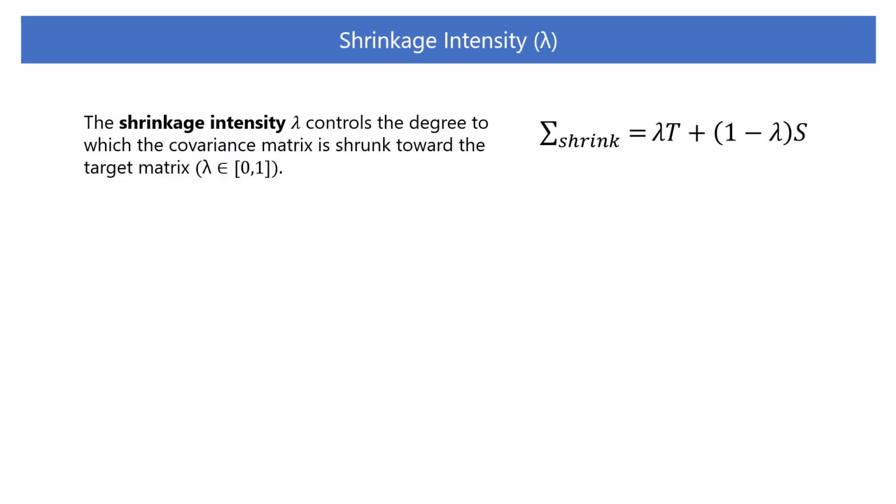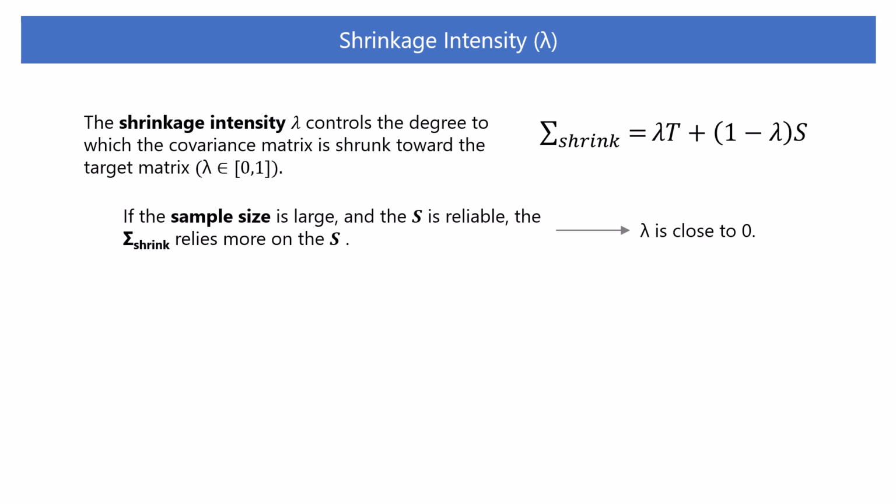The shrinkage intensity lambda controls the degree to which the covariance matrix is shrunk toward the target matrix. The value of lambda ranges from 0 to 1. If the sample size is large, the covariance matrix is reliable, and the shrinkage estimator relies more on the covariance matrix.